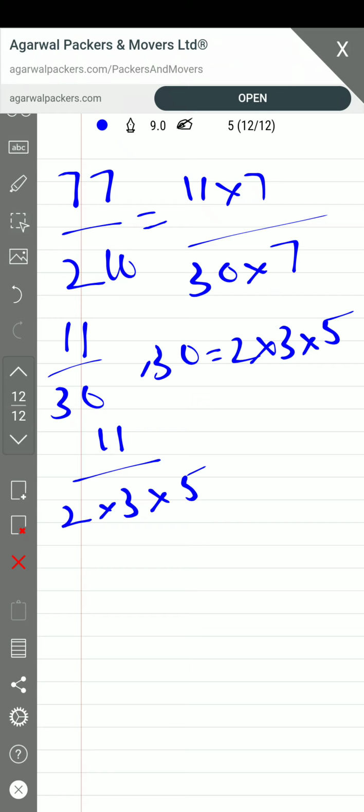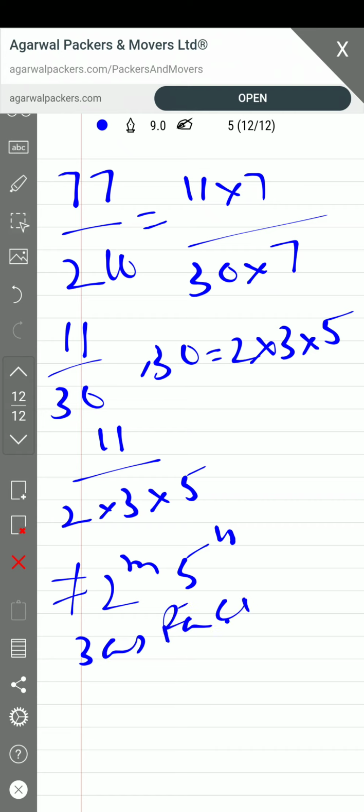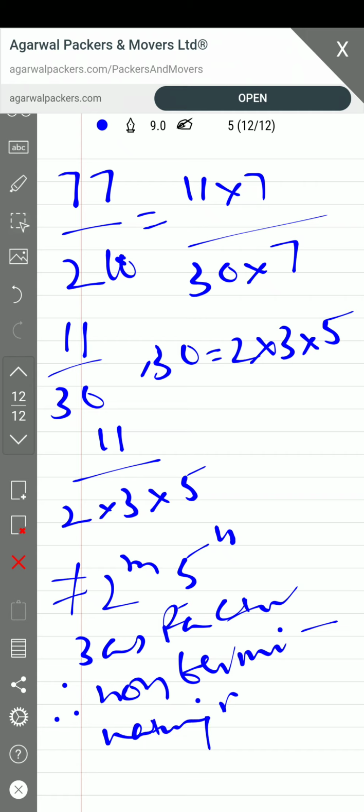So it is not in the form of 2 power m and 5 power n, and it has 3 as a factor. Therefore it is non-terminating repeating.